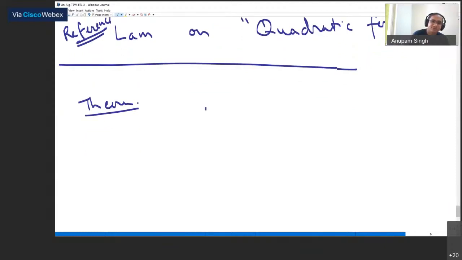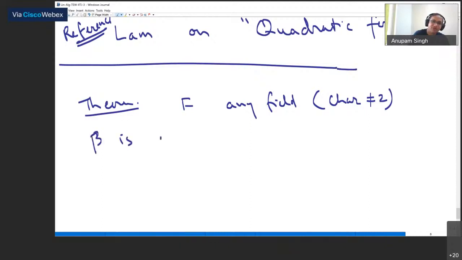It turns out that whatever field you take, F, any field, as long as the characteristic is not 2, suppose beta is a non-degenerate skew-symmetric bilinear form.